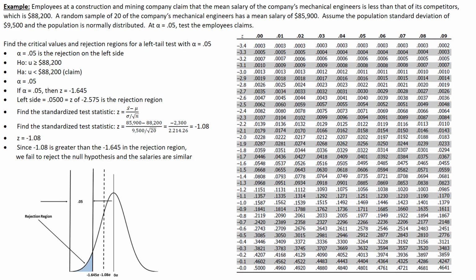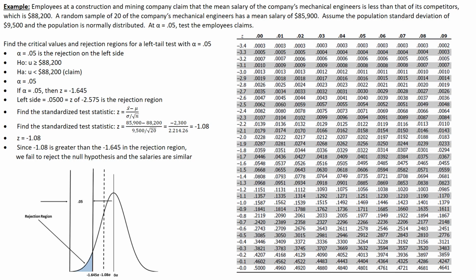So the employees aren't happy with the boss. And they said for the competitors, it's 88.2. They do a random sample of the company's engineers, find out it's 85.9. Assume the population standard deviation of 9,500, and it's normally distributed. Alpha 0.05, let's test the employee's claim.